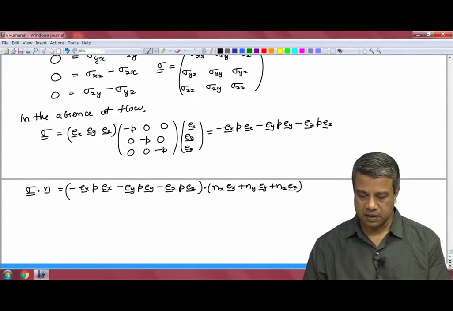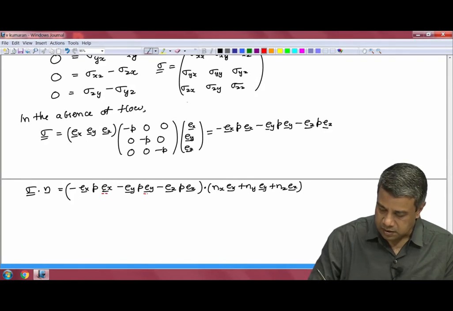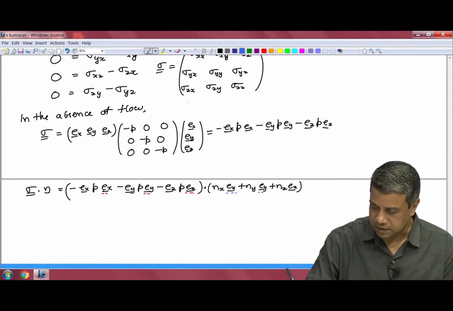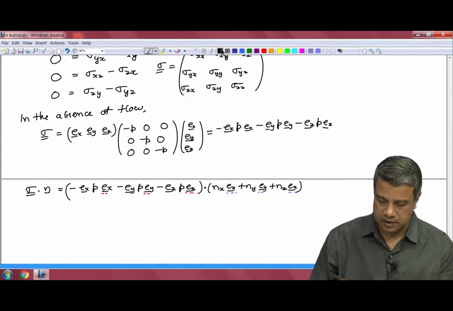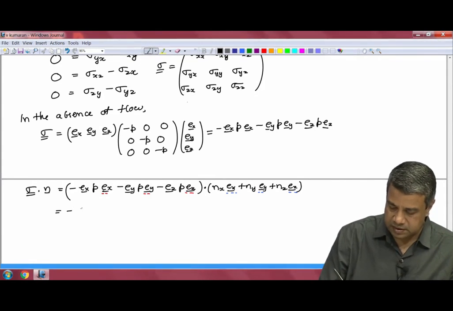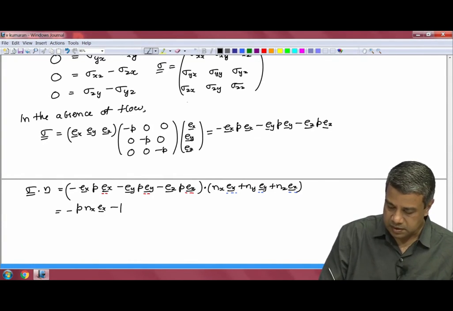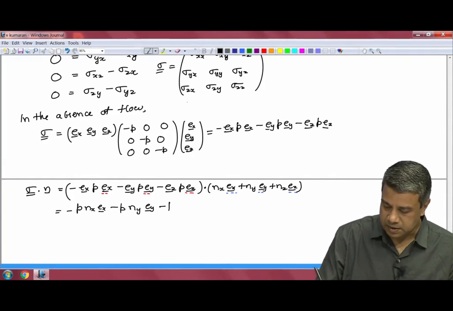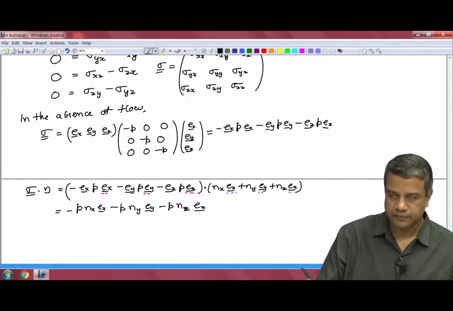That is the force per unit area acting on a surface whose outward unit normal is in the n direction. Here I have to dot each unit vector with the direction of the unit normal, and what I will get is minus P n x ex minus P n y ey minus P n z ez.